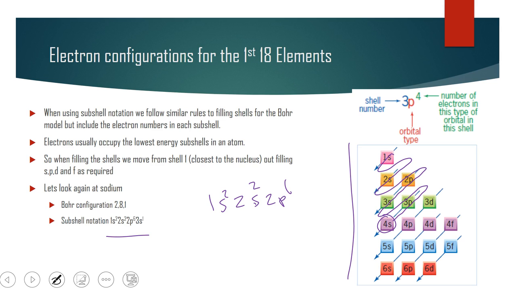Still got to go, because chlorine is 17, so I've got 10, I'm going to go 3s2, that's 12, and then 3p5 will put me at 17 electrons. So this would be the subshell notation for chlorine. Whereas we would have previously written 2, 8, 7, this now is the way that we need to write it for subshell notation.